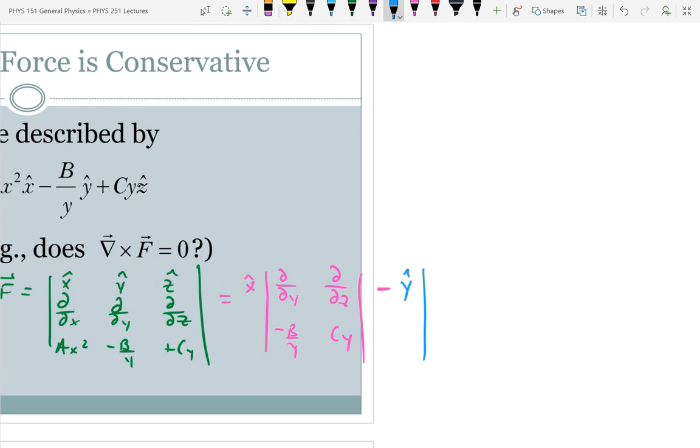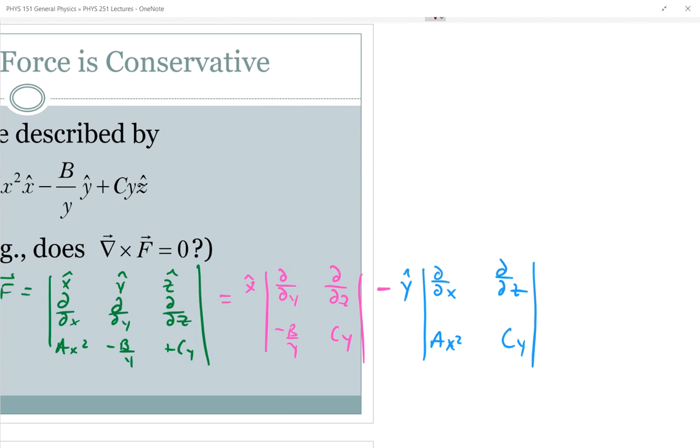Partial derivative of z. And down below, ax squared and c y.